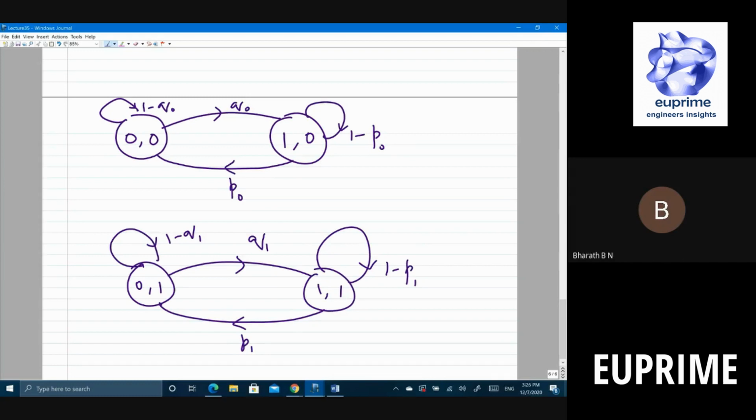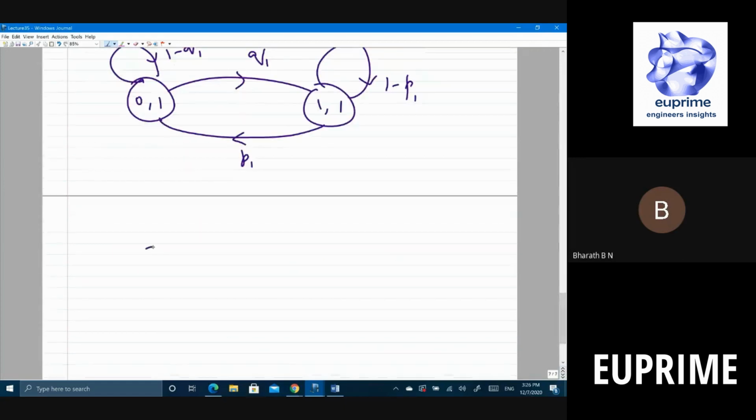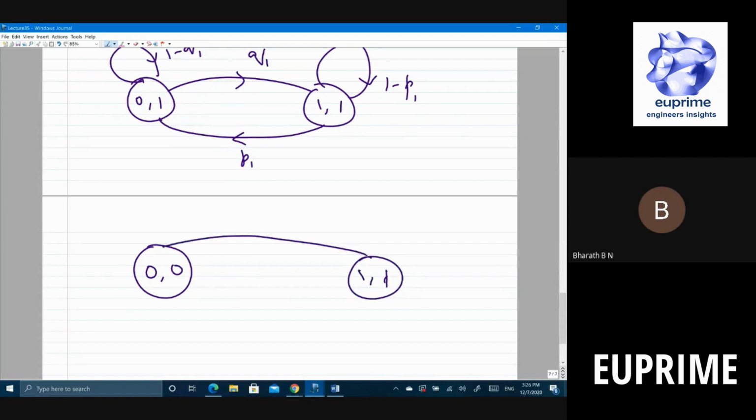Then this will be Q0, 1 minus Q0, and this will be P1, 1 minus P1. Do you agree? This is how it's going to evolve for your policy.